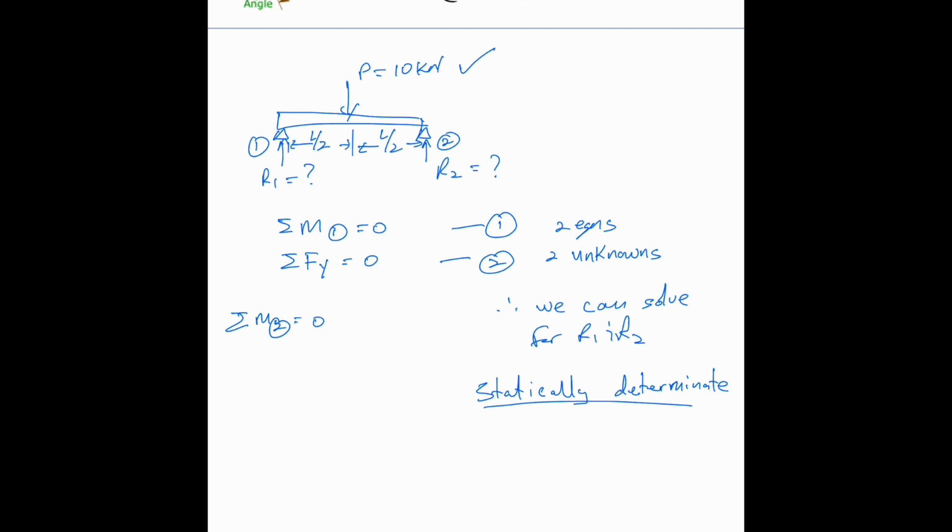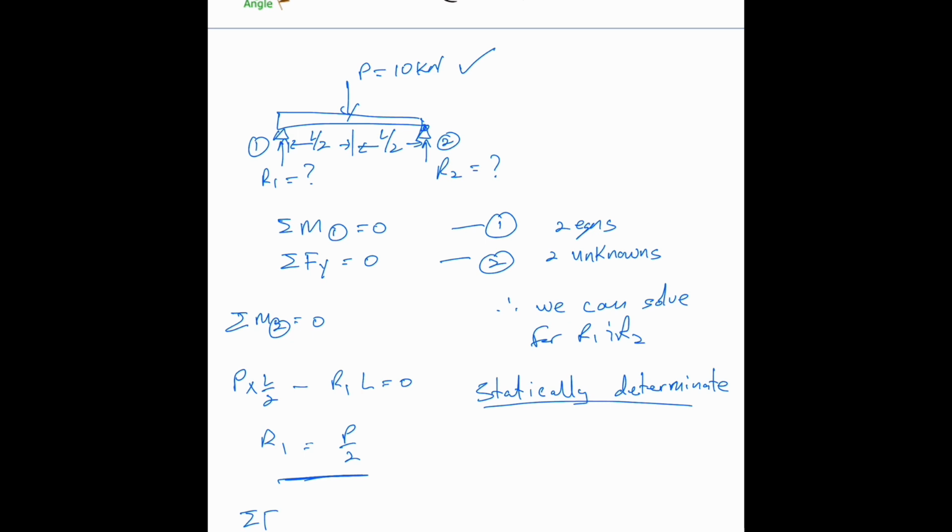So it will be P multiplied by L/2. Taking moments about 2, anticlockwise is positive, minus R1 by L, as R1 is clockwise so it will be negative. We sum the moments and set them equal to 0, so we can solve for R1. That will be P/2, which is expected because the load is in the middle. This is from equation 1.